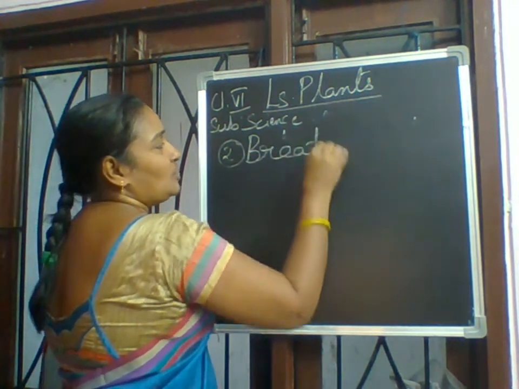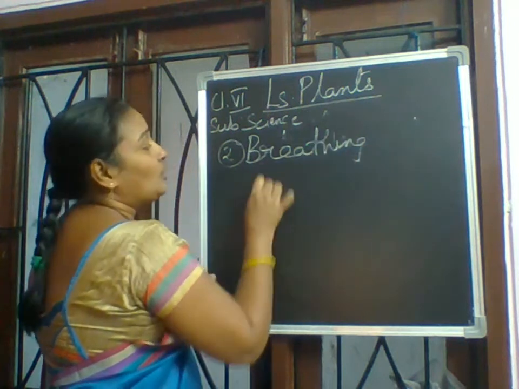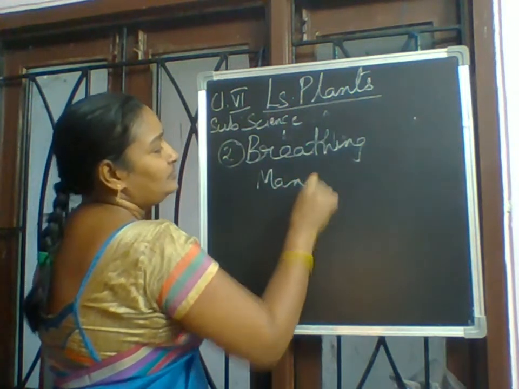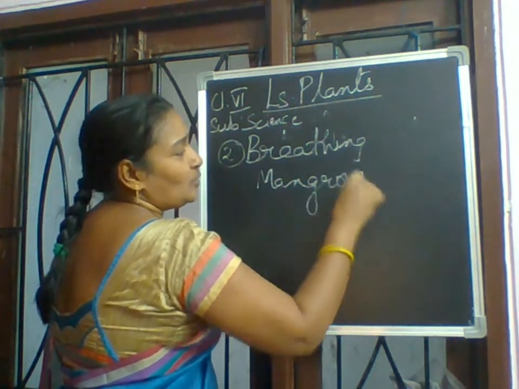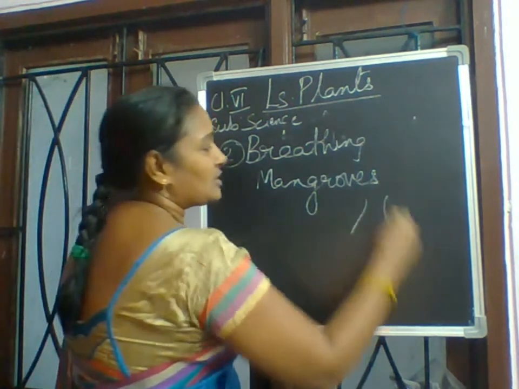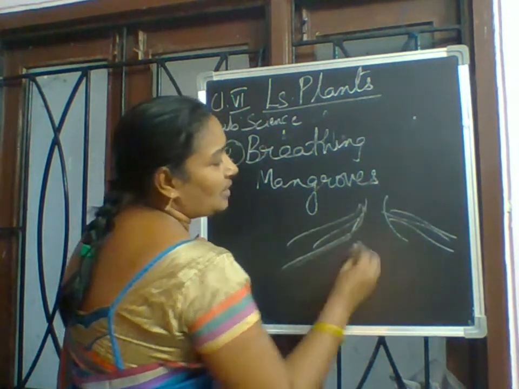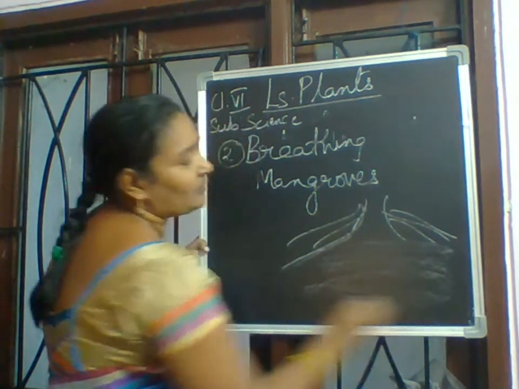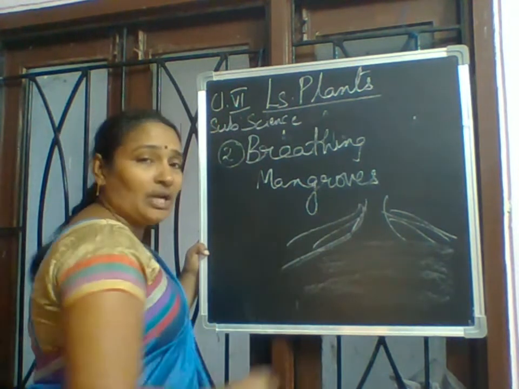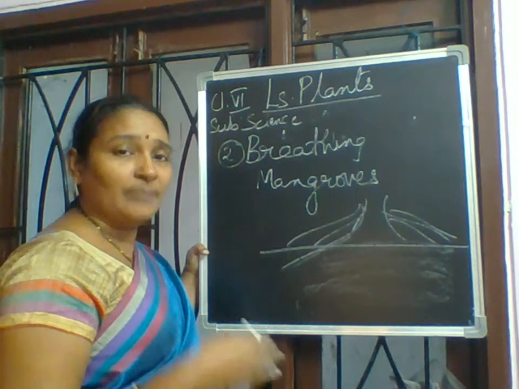These breathing roots you will find in plants like mangroves. These mangroves grow in marshy soil, and on the trunk itself, additional roots arise. Here the total soil is filled with water, so they cannot absorb air from the atmosphere.